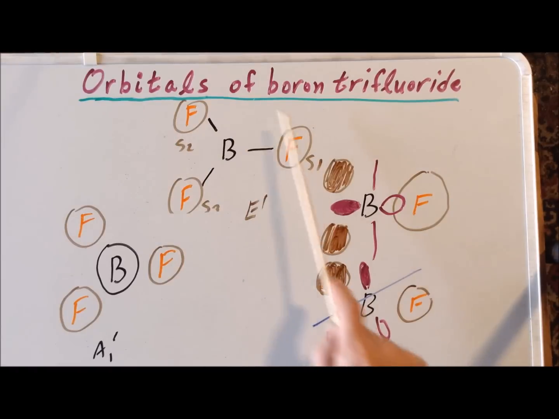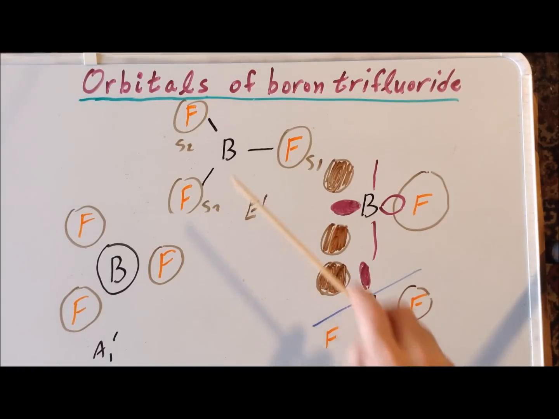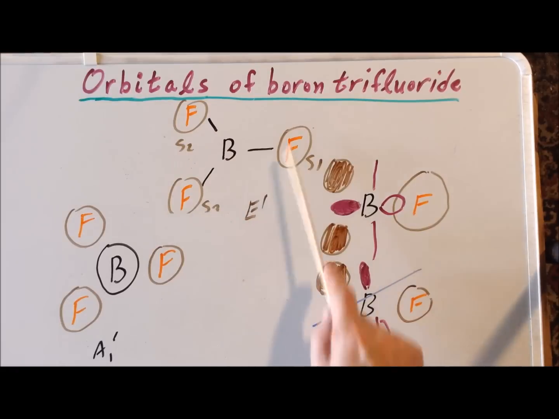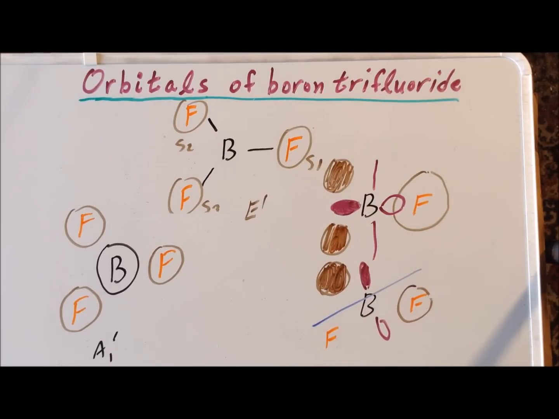So as long as we imagine this is the structure, and we imagine that there is no pi bonding involved in boron trifluoride, then we simply account for the pz orbital as an atomic orbital that remains on boron and does not interact with fluorine at all. It just remains as an empty atomic orbital and is not part of any of the molecular orbital combinations.